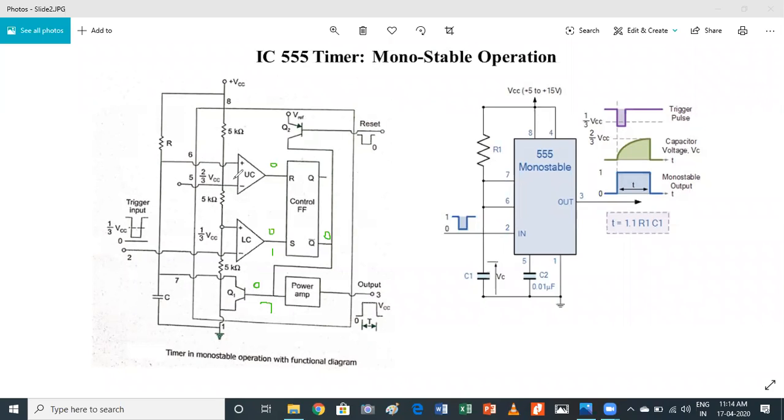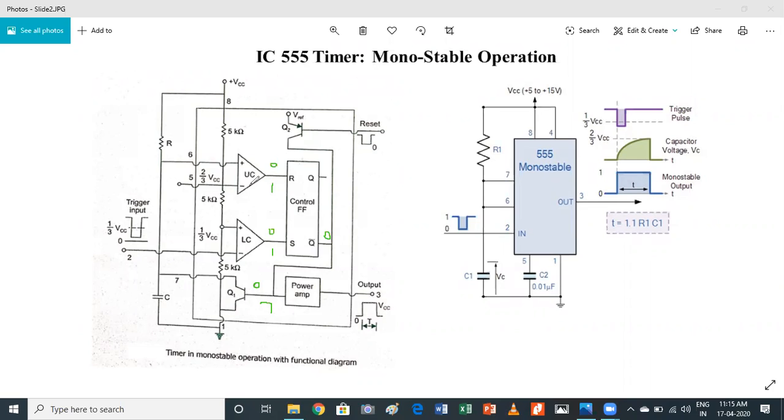So here also, initially, when the non-inverting input of the upper comparator voltage is less than 2/3 VCC, the output is logic 0. When the upper comparator input exceeds 2/3 VCC, this upper comparator produces logic 1. Got it?